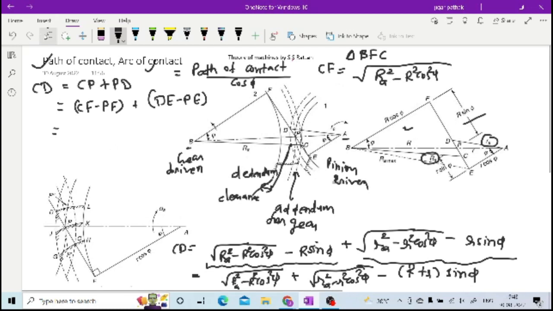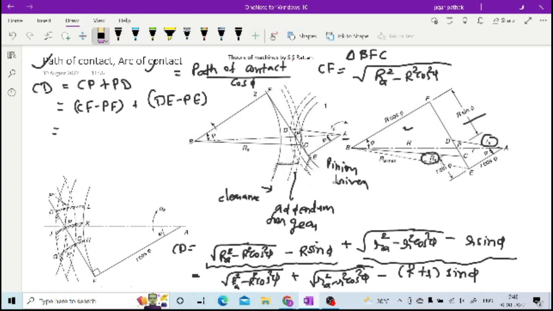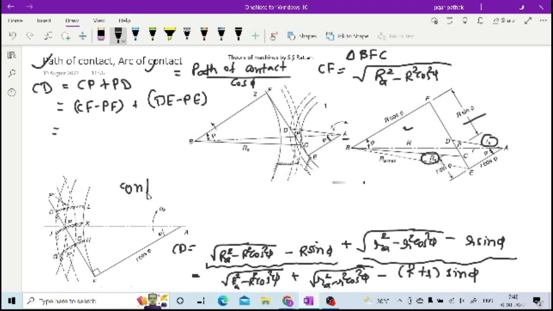Now apart from this, one more important terminology that I am going to mention is your contact ratio. As I have told you, you will have to have an idea of the number of teeth in contact at a particular point of time. So that is your contact ratio, or number of teeth in contact.